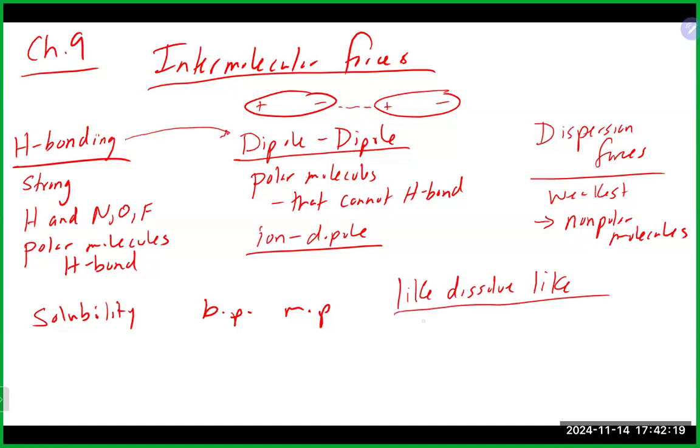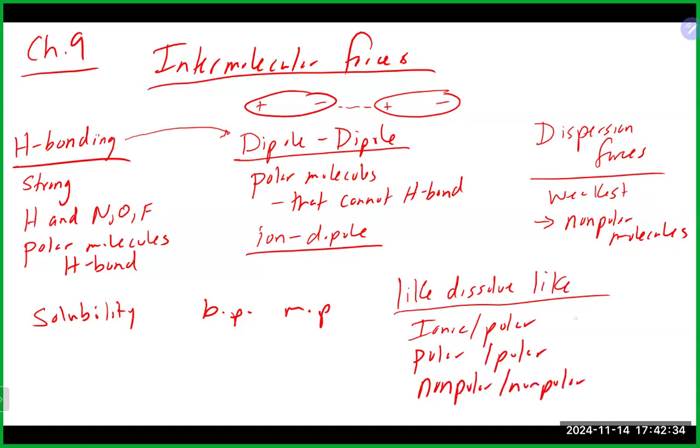So if you take something that's ionic and polar together, you're going to be in good shape. If you take something that's polar and polar together, you will also be in good shape. And also, if you take something that's non-polar and non-polar together, you will be in good shape. All these guys will typically be soluble in each other because everybody's using basically the same type of intermolecular forces.